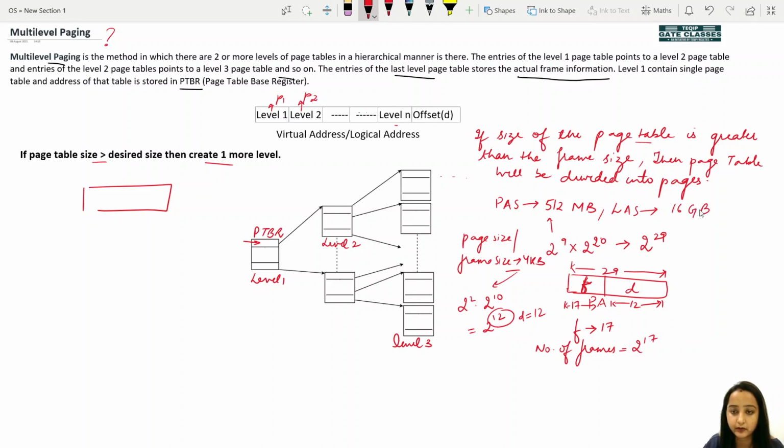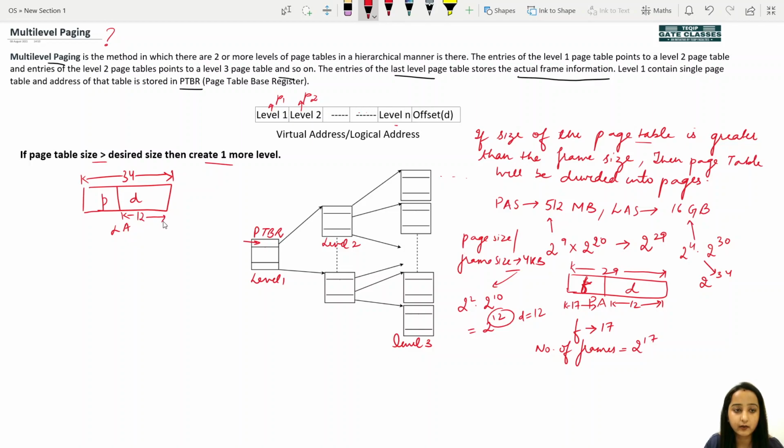The logical address is a combination of P and D. Writing this logical address space in bits, 2 raised to power 4, G is 2 raised to power 30, so it will be 2 raised to power 34. So the logical address will be of 34 bits. And D is the same. What is the value of D here? 12.